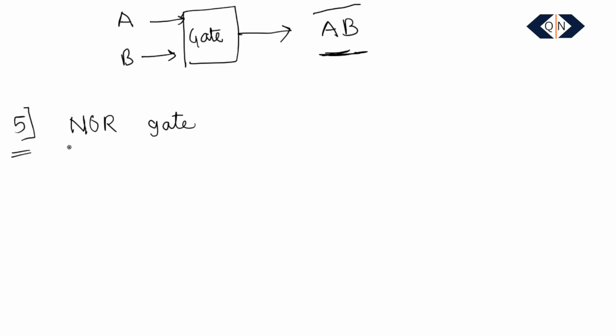So our next gate is NOR gate. What is NOR gate? Basically it means not or. Same as the previous case where it was not and, but here it is not or.